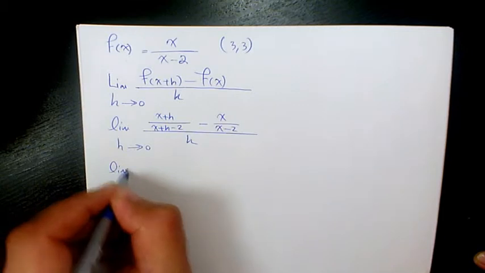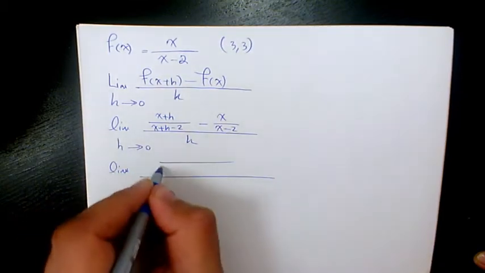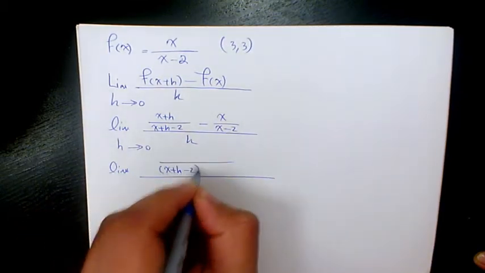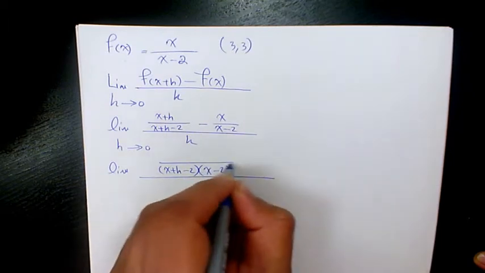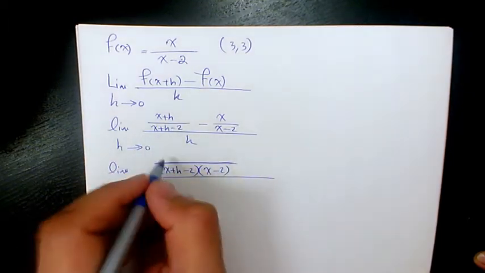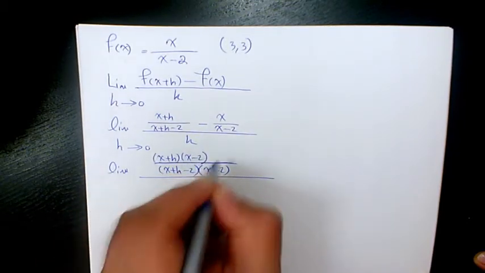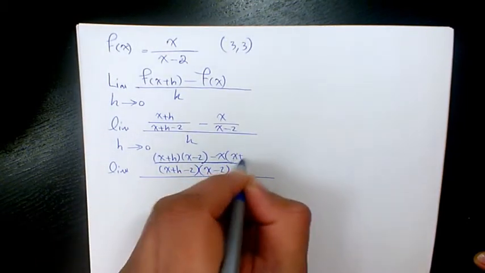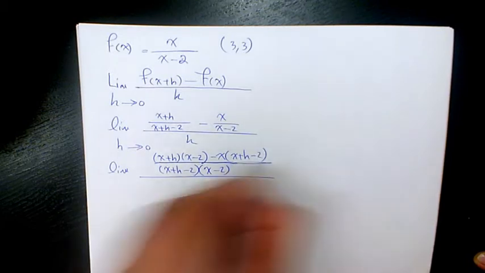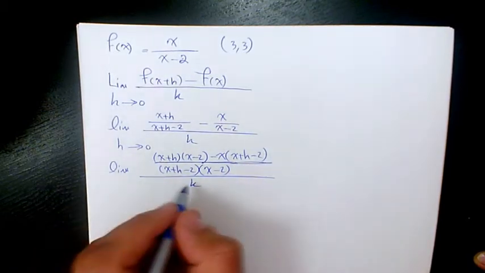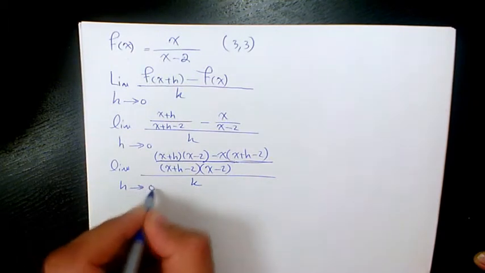Then it's going to be the limit of, over x plus h minus 2 times x minus 2, we have x plus h times x minus 2 minus x times x plus h minus 2. That's how we do the common denominator, divided by h when h is approaching 0.